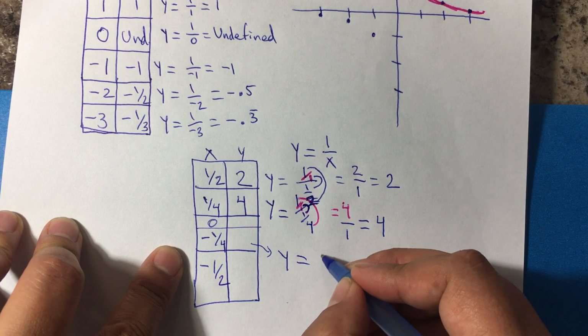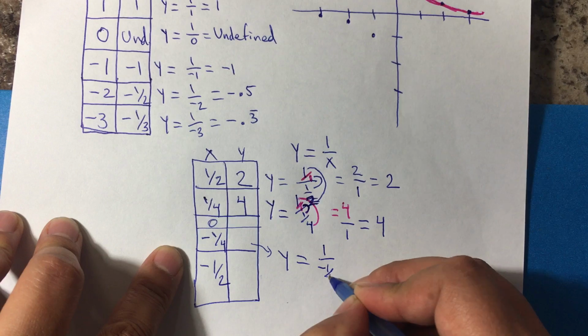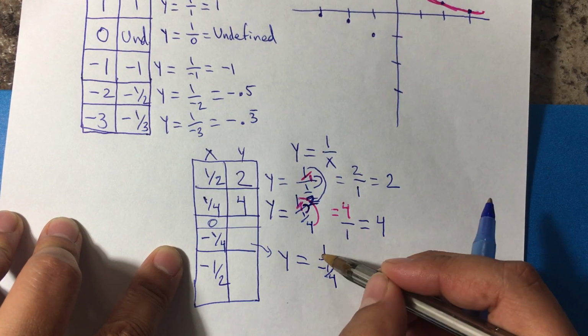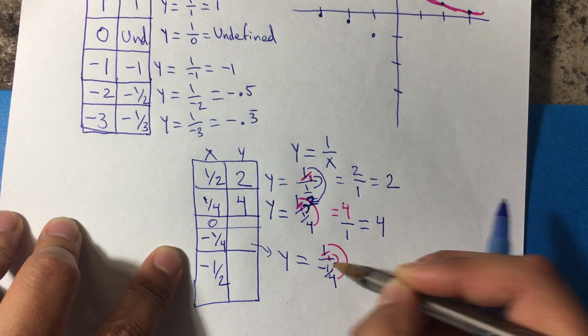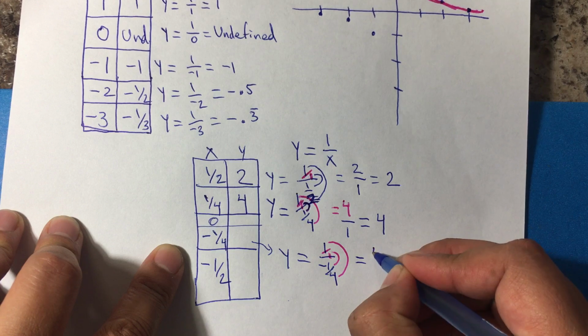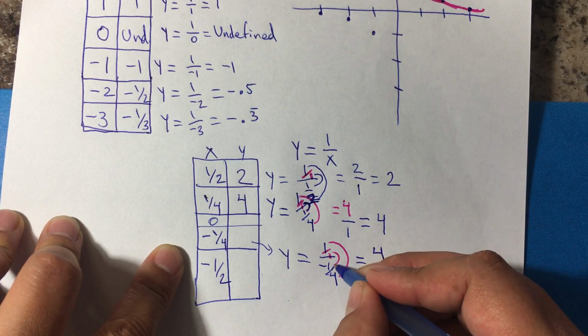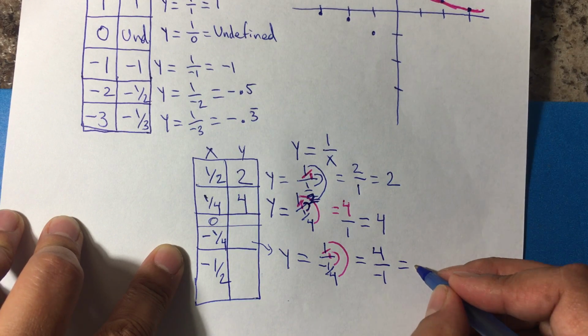Now we're going to do this one right here. y equals 1 divided by -1/4. Again, put it over 1 and multiply outside and inside. So 1 times 4 is 4, 1 times -1 is -1, and 4 divided by -1 is -4.